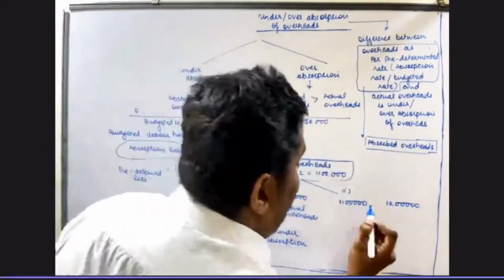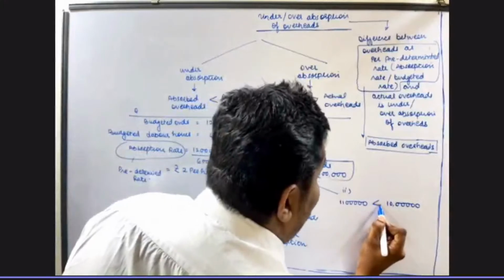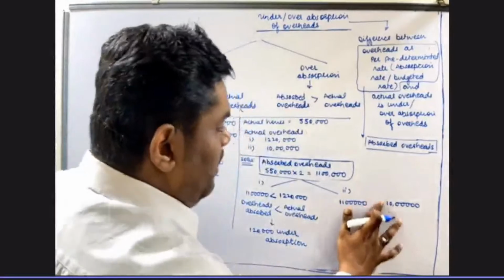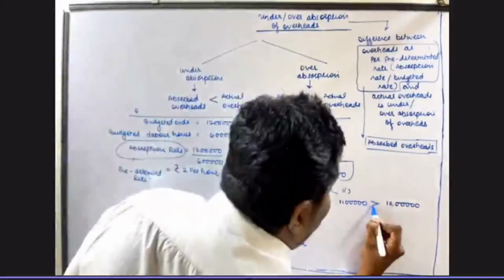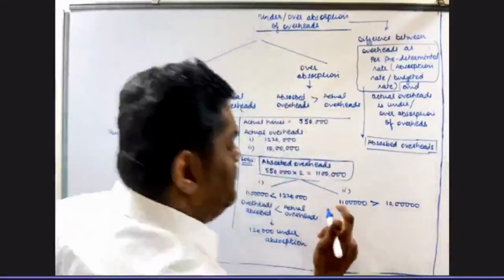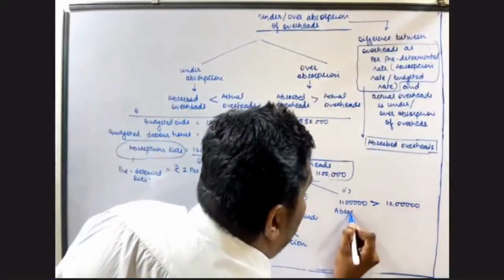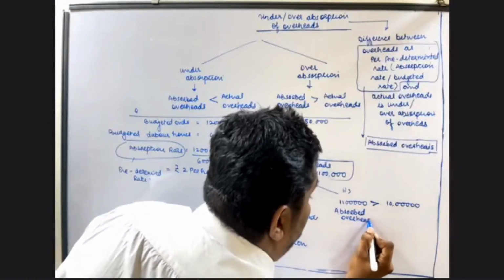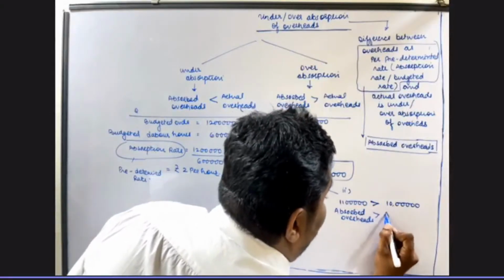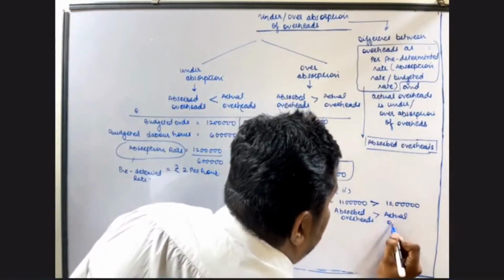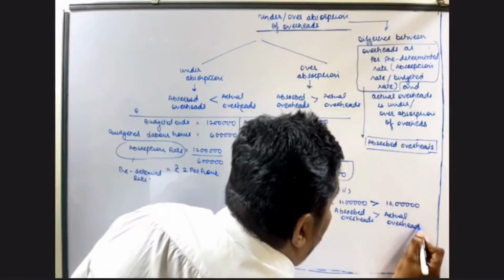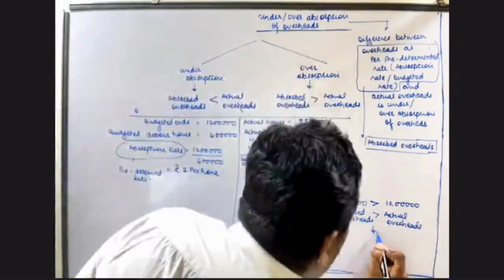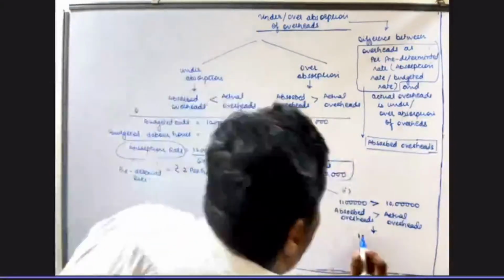Sorry, my absorbed overheads are more than actual overheads. So absorbed overheads are more. It means over absorption. By how much? 1 lakh.